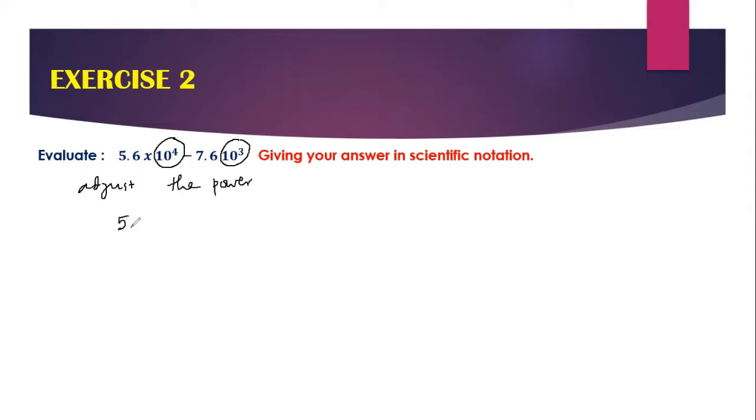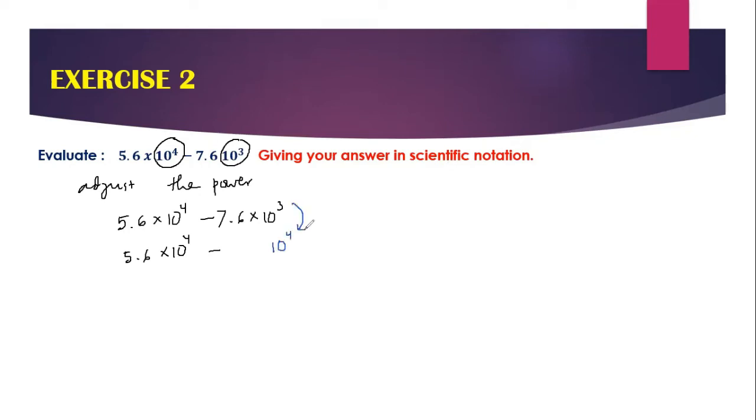So 5.6 times 10 to the power 4 minus 7.6 times 10 to the power 3. The 5.6 times 10 to the power 4 is already done, but this one, 10 to the power 3, you have to adjust to 10 to the power 4.